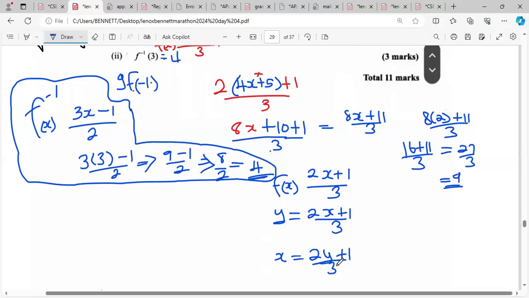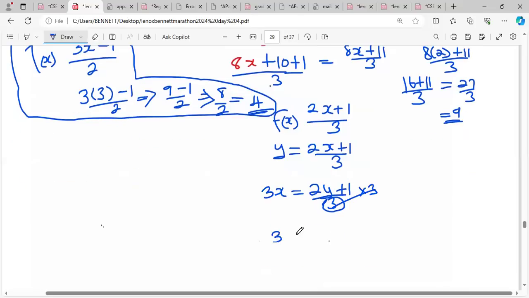So we're going to make y the subject, so we get rid of the dividing by 3. We take the opposite of the plus 1 and then the opposite of this. So we're going to times by 3 first. Anything you do to one side, you do to the other side. So it will be 3x equals 2y plus 1.